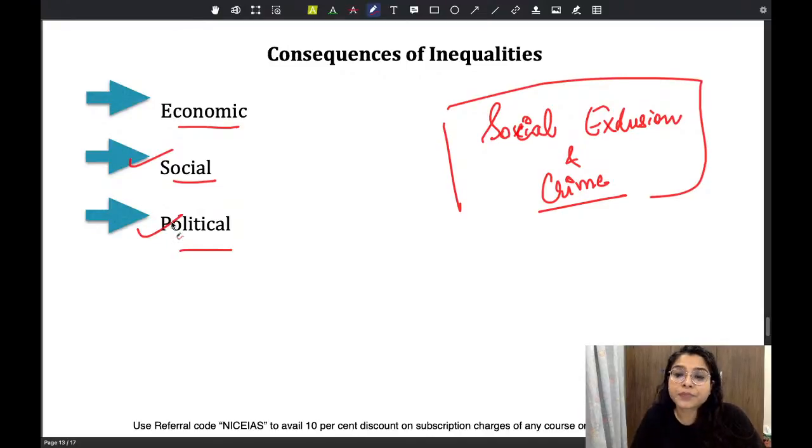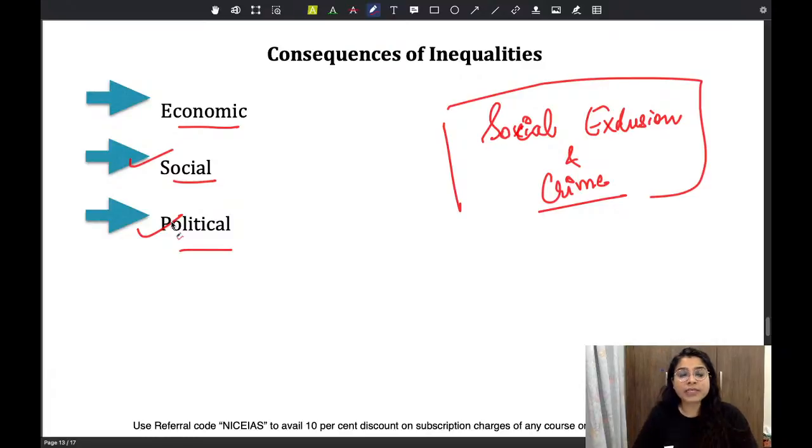Then political. Now, if there are inequalities in the society, that would undermine the democracy because public confidence is threatened. You can see that there are inequalities in society, and you can at any time be a target of this inequality. So this threatens the public confidence, it threatens the democracy, and this also somewhere impacts our social spending.